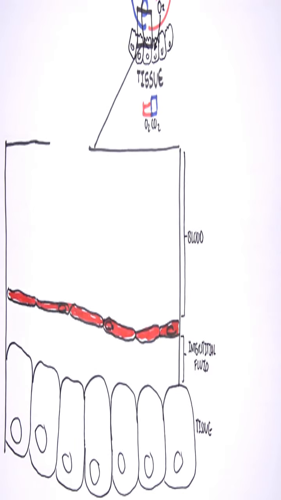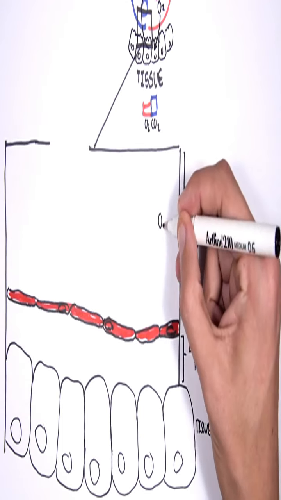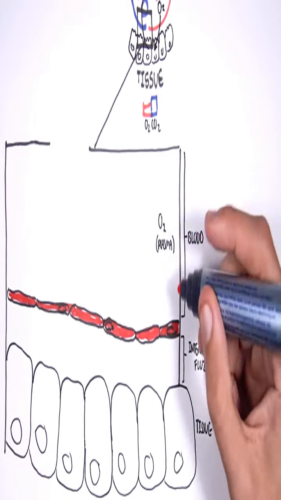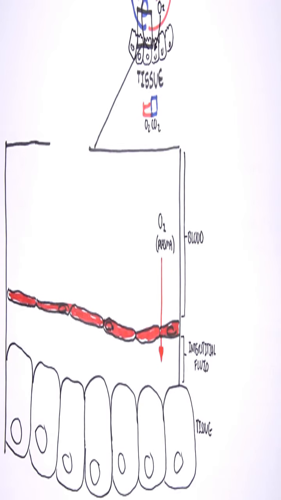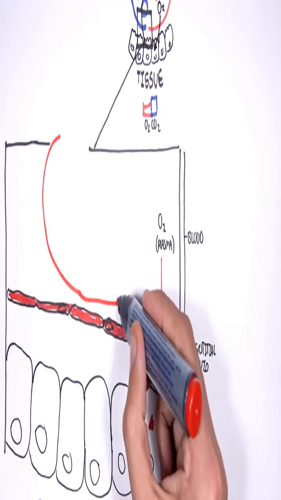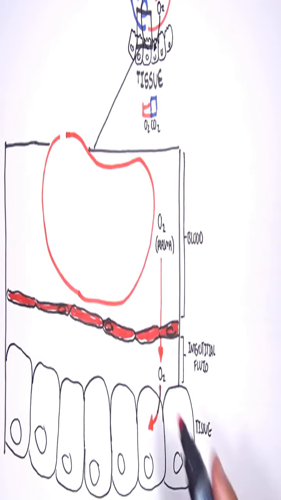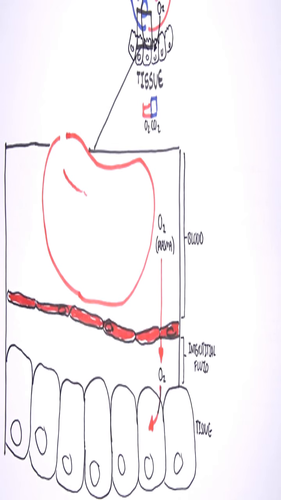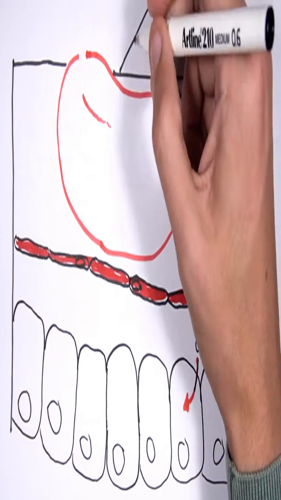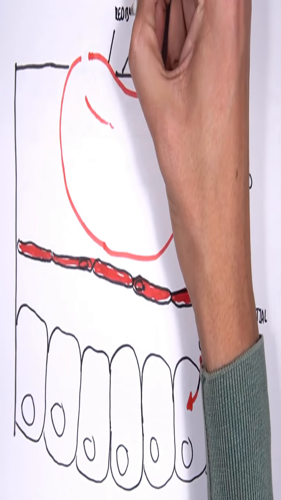Let us firstly look at how oxygen enters the tissue. Some oxygen can be dissolved in plasma and can enter the interstitial fluid, and then can enter the tissue, where the tissue can utilize it as energy. However, most oxygen in our body is transported in red blood cells, such as this one I am drawing here. Oxygen is transported bound to a molecule known as hemoglobin, Hb.